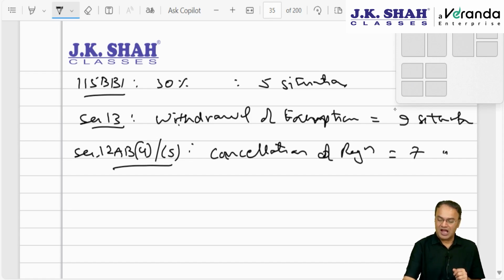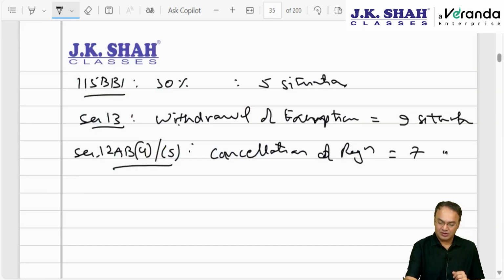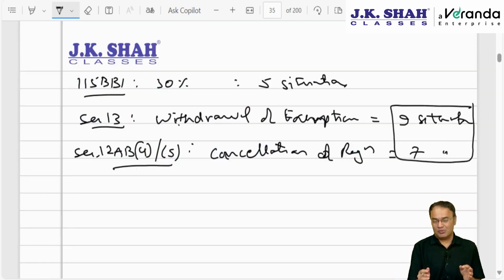Now, out of these 9 and 7 situations, some of them are overlapping, some of them are common, whereby in those common situations, the trust is set up for private religious purposes, or trust is set up after the commencement of this act for particular religious community or caste, income from business which is not incidental to the attainment of the objects, income from business for which separate set of books of accounts are not maintained.